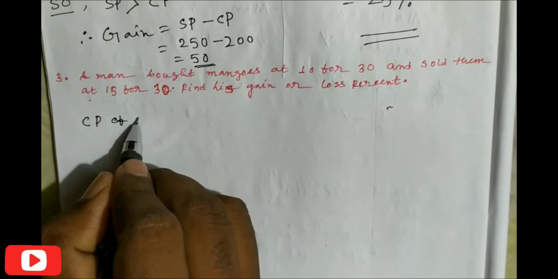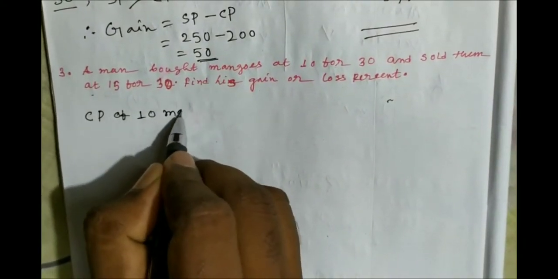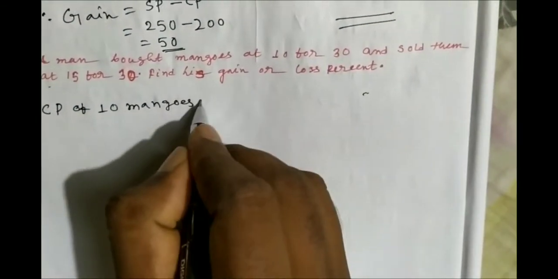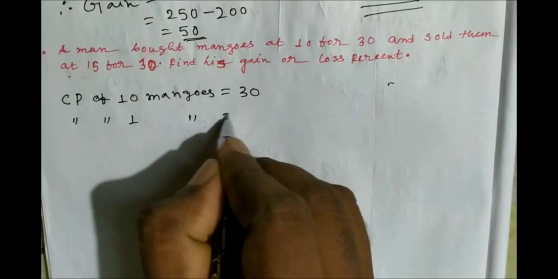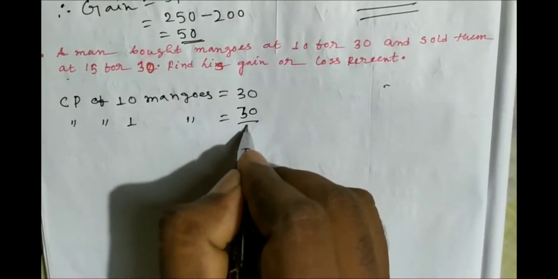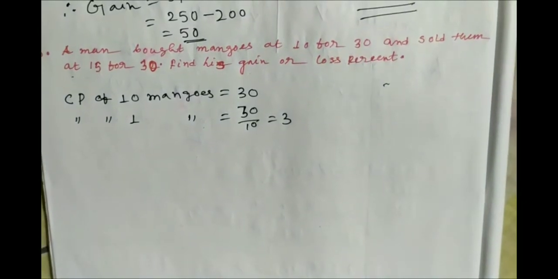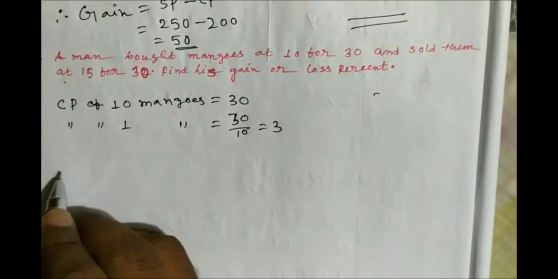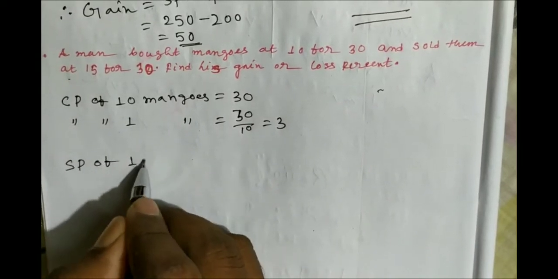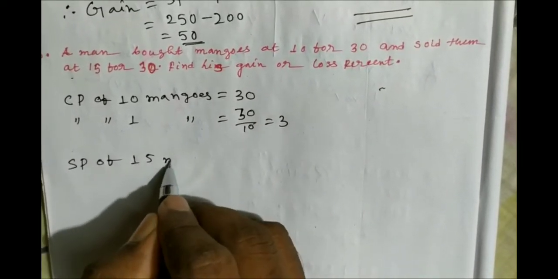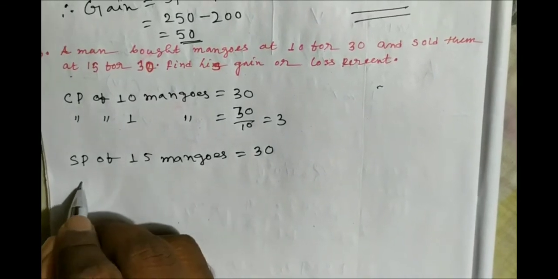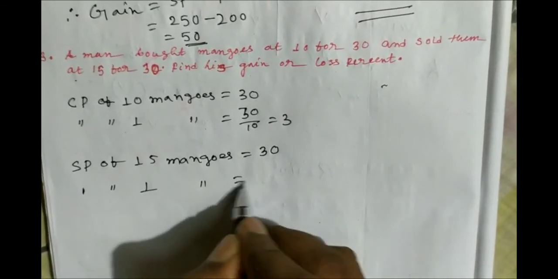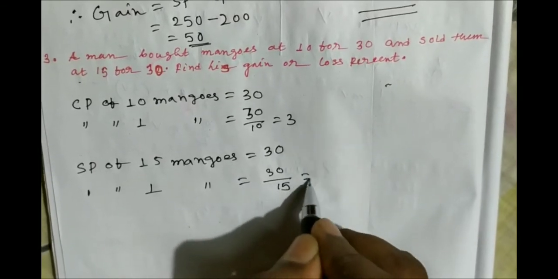CP of 10 mangoes is equal to 30. Therefore, CP of 1 mango is equal to 3. And SP of 15 mangoes is equal to 30. Therefore, SP of 1 mango is equal to 2.